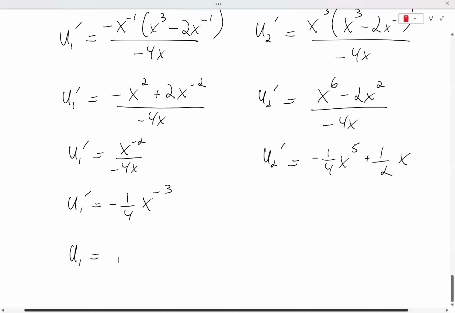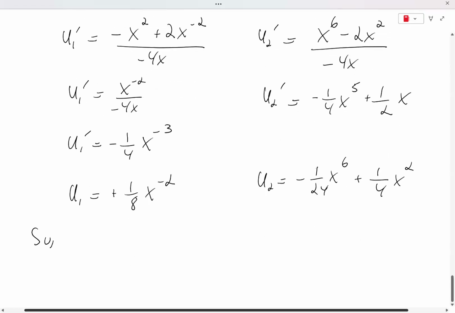That'd be x negative, I think negative 1/8. Go positive though, would it? I think positive 1/8 x to the negative 2. Then u sub 2 would equal negative 1/24 x to the sixth plus 1/4 x squared.